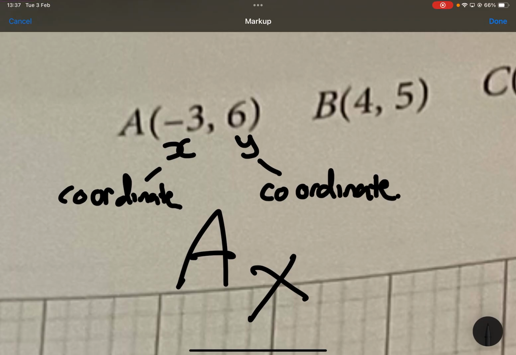Combined, they form the coordinate. But individually, I can call them the x coordinate and the y coordinate. The x coordinate tells you the left and the right. The y coordinate tells you the up and the down. Okay? Like that only.